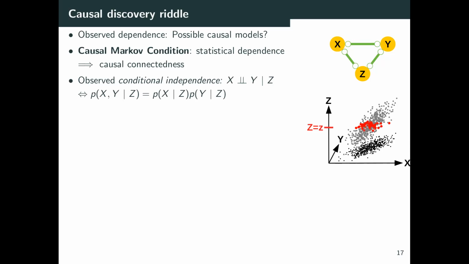So we would measure that Z and Y, and X and Z are dependent, if you look at this from the left and the front. But we can also measure conditional independence. This is defined by P of X, Y given Z factorizing into P of X given Z times P of Y given Z for all X, Y, Z, and is denoted by X orthogonal Y given Z.